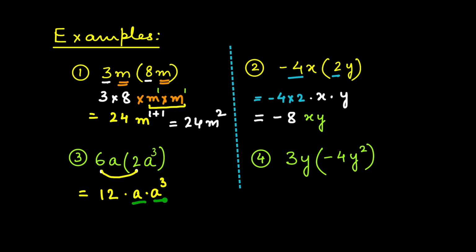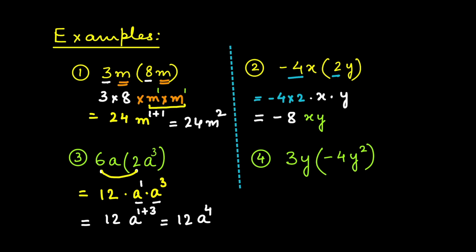So the base is the same. So the powers 1 and 3 will be added. So we write here power 1 and we write the next step: 12 times the same base, and the powers 1 plus 3. So we get this as 12 times a to the power 4. So this is the answer for it.